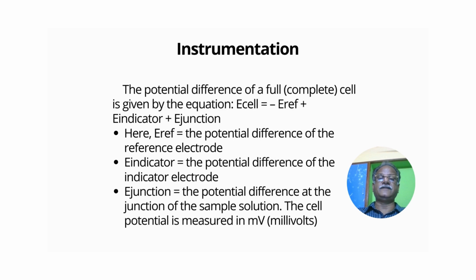The potential difference of a full cell is given by the equation E cell is equal to minus E reference plus E indicator plus E junction, where E refers to potential difference. Here I have described what is E cell, what is E reference, what is E indicator, and what is E junction.